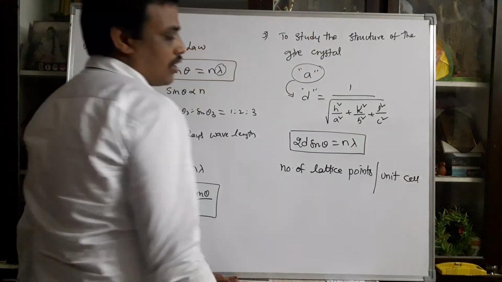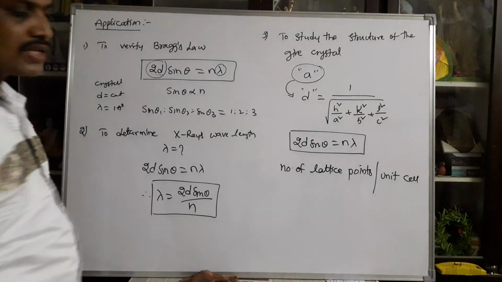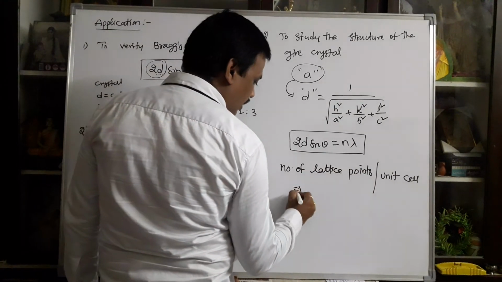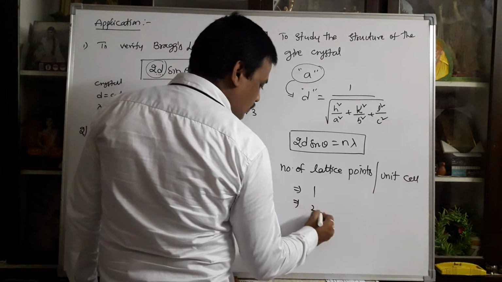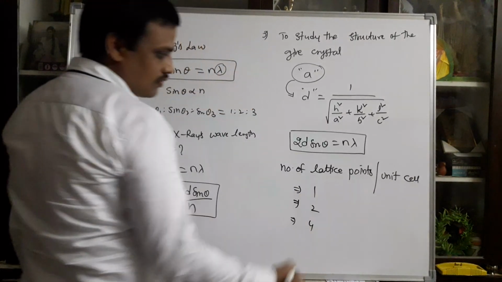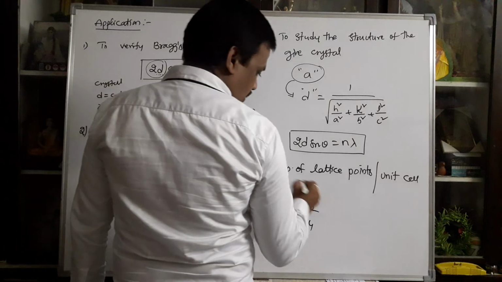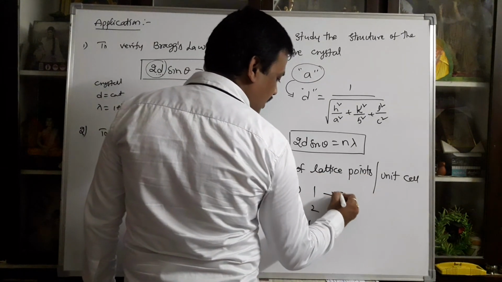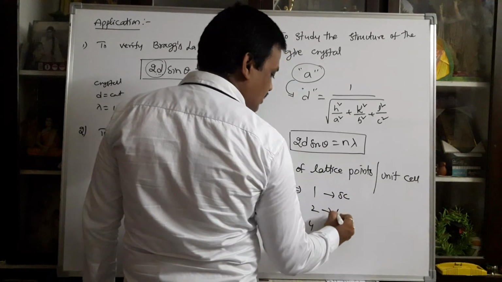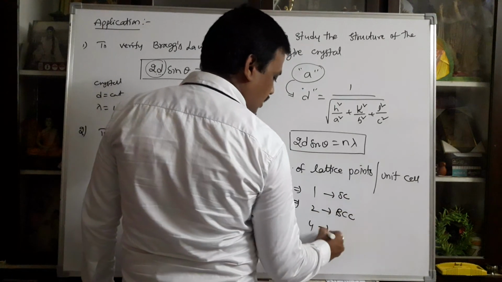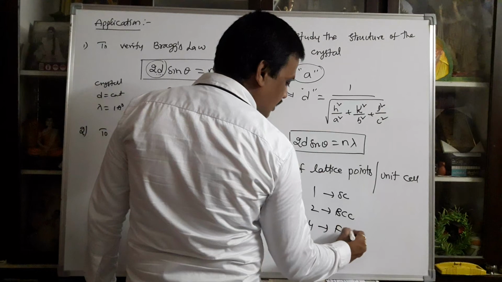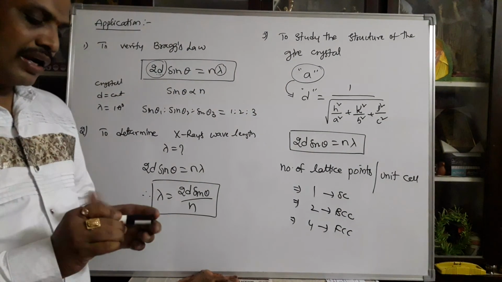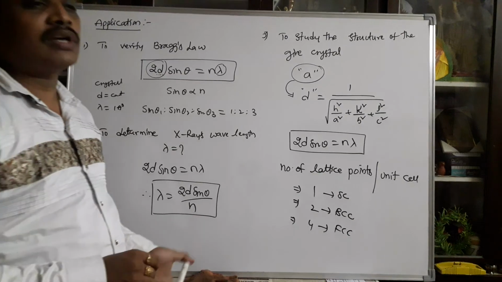When the calculation is completed, you get the value 1, otherwise 2, otherwise 4. If the number of lattice points per unit cell is 1, the structure is simple cubic. 2 is nothing but body centered cubic structure. 4 is nothing but face centered cubic structure. Based on the number of lattice points per unit cell, you can clearly explain the structure of the crystal.